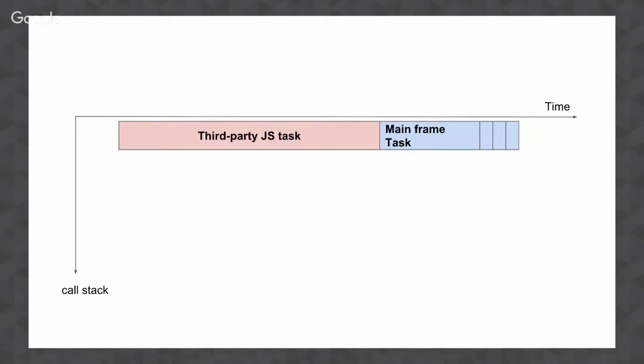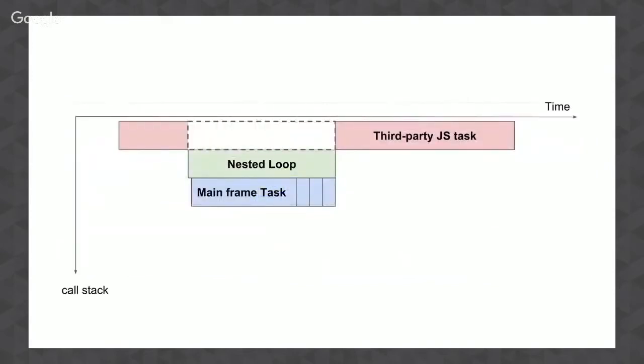And after our cooperative scheduling is in, that should become like this. That is, in a simplified view, the long-running JS task is paused in the middle of its execution, and other high-priority tasks, like the mainframe tasks, are run in a nested message loop.